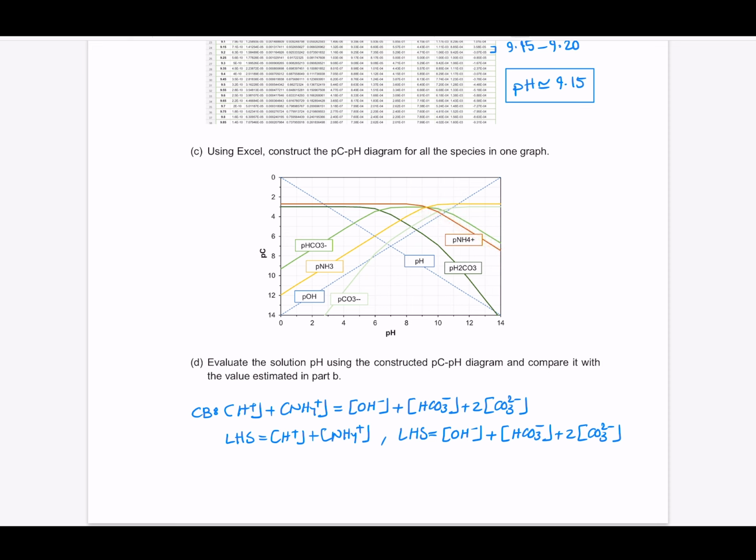If we construct the LHS, it would be this line up to here, and then ammonium is bigger all the way. So this would be our LHS.